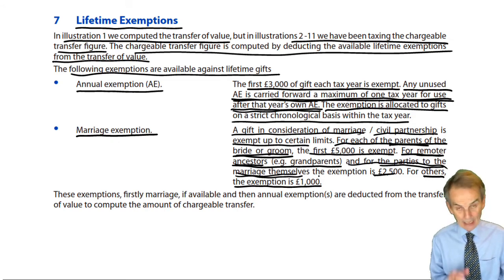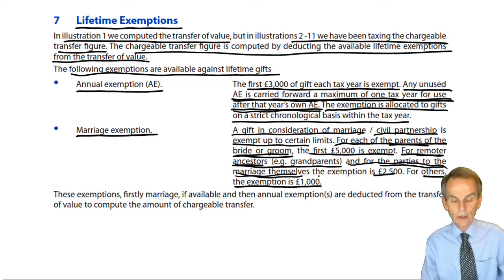Now, those exemptions are the main two that we'd ever have to deal with, and they are deductions, as we said, from the lifetime transfer of value in coming down to, if there is any positive balance remaining, what will be the chargeable transfer figure.